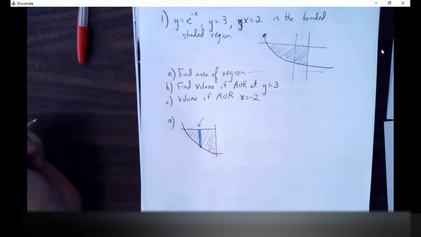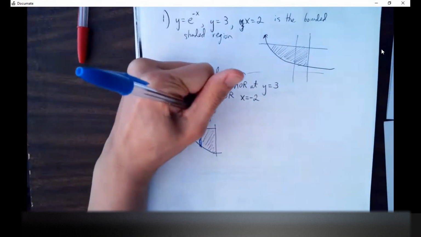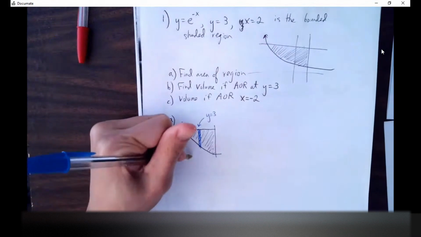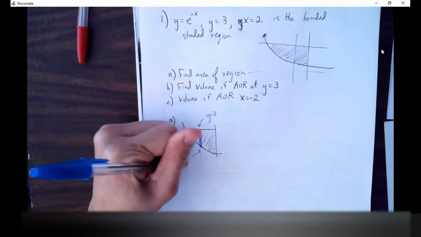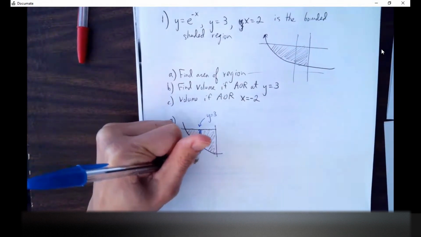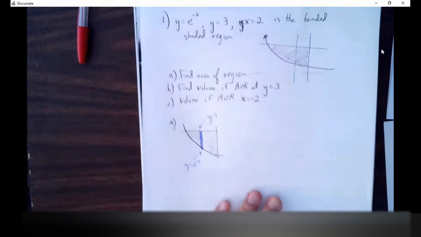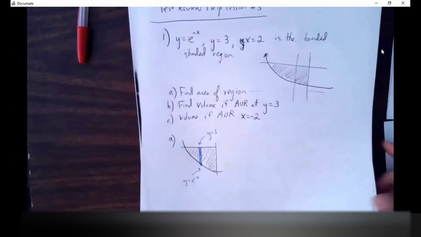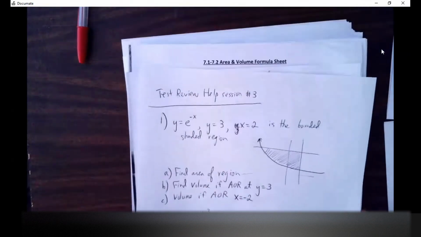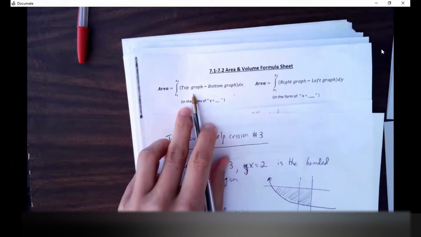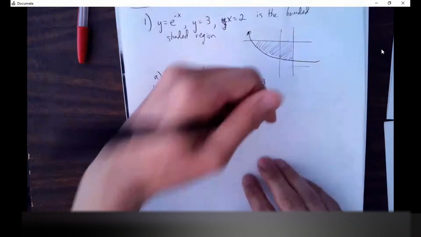Would the top be y equals 3? Mm-hmm. And then would the bottom be e to the negative x? Yeah. All right, so we have an area formula that's perfectly fit for that. All right, integral from x1 to x2. We know we're working with that formula there.